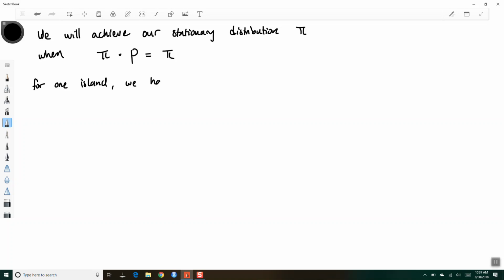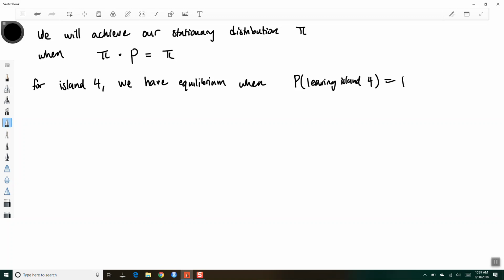Okay, we have stationarity. So let's say for island 4, we'll say equilibrium: the probability of leaving island 4 is equal to the probability of entering island 4.